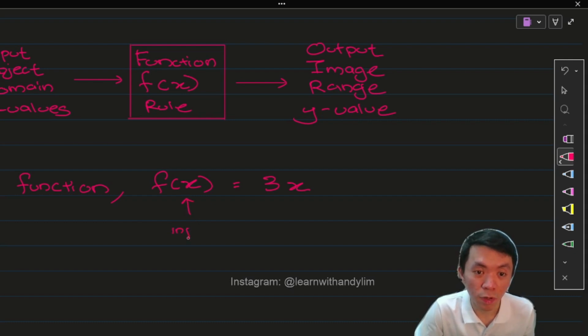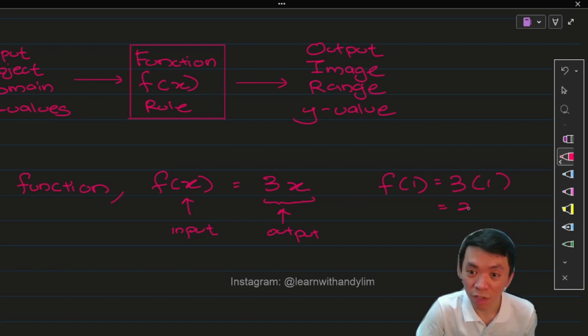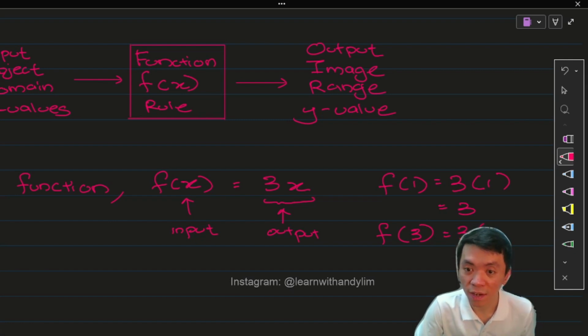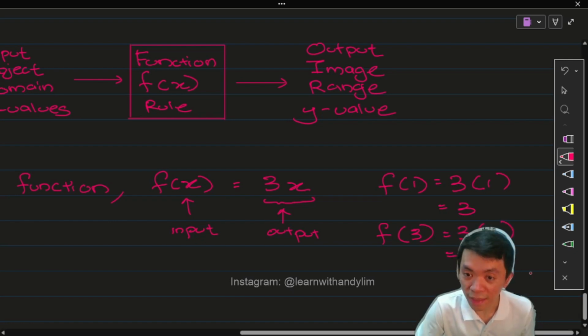This is my input, then this is my output. If x equals 1, I'm gonna get 3 multiplied with 1, which gives me 3. If my input is 3, I substitute in 3, equal to 9.